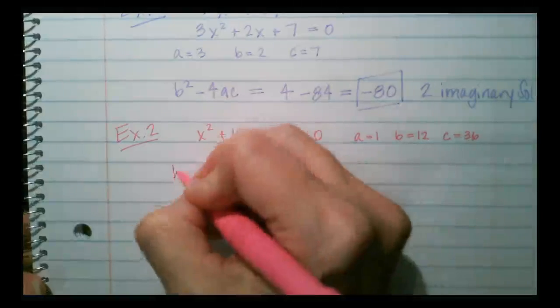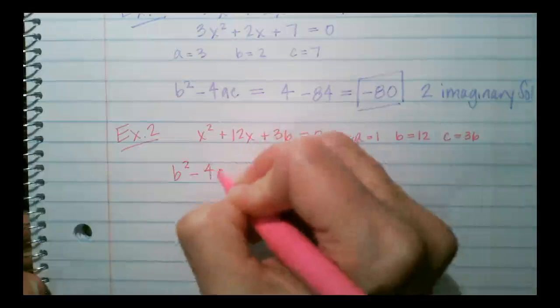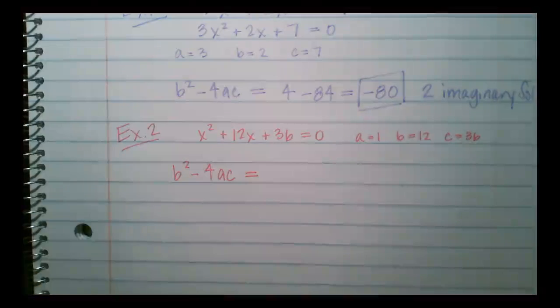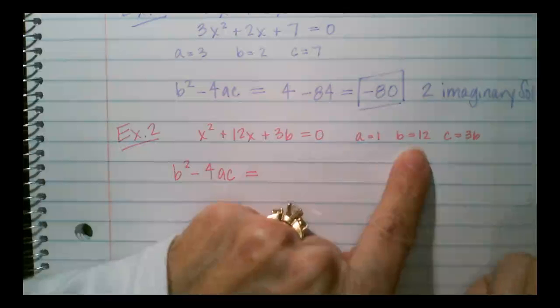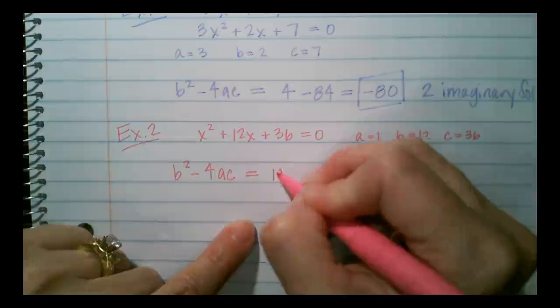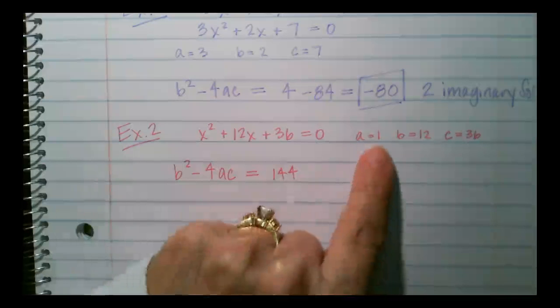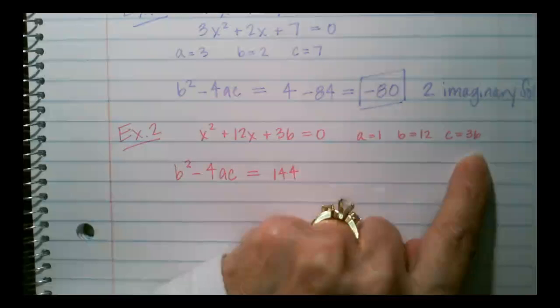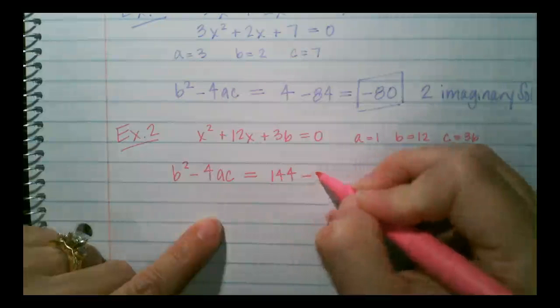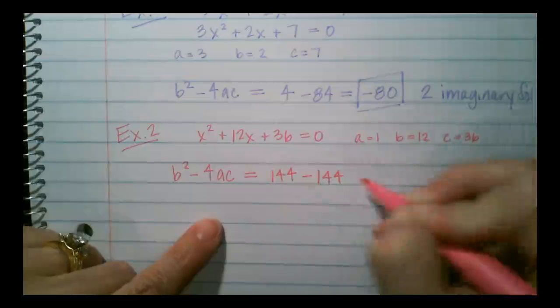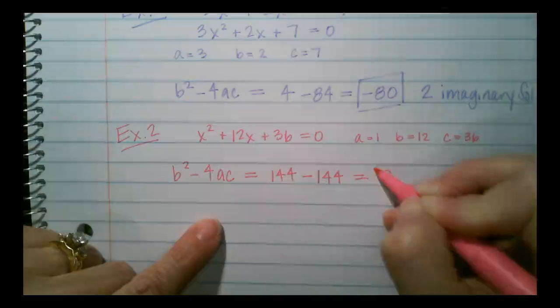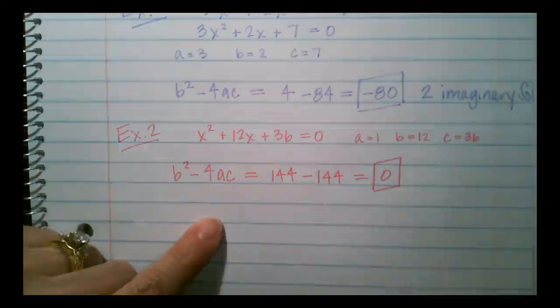So b squared minus 4ac. I'm not doing the square root, I'm just doing b squared minus 4ac. So b squared is 144. And now I need to multiply negative 4 times 1 times 36, which is negative 144. So the discriminant equals 0.